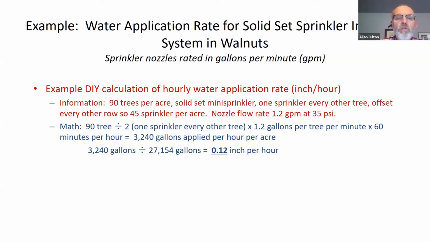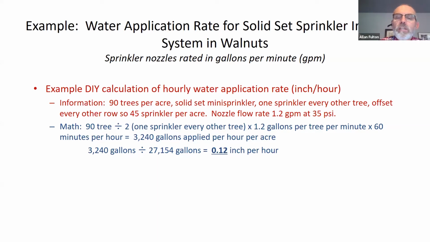So if we know that in 1 hour with this solid set sprinkler system, we are applying 3,240 gallons of water across 1 acre, if we divide it by 27,154, it gives us a calculated applied water rate of 0.12 inches per hour.